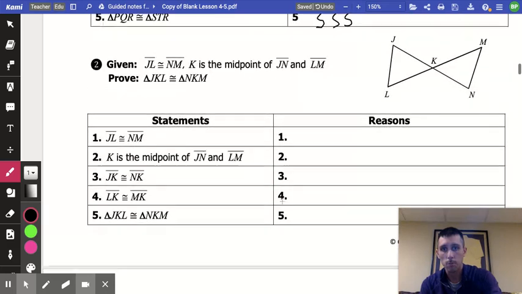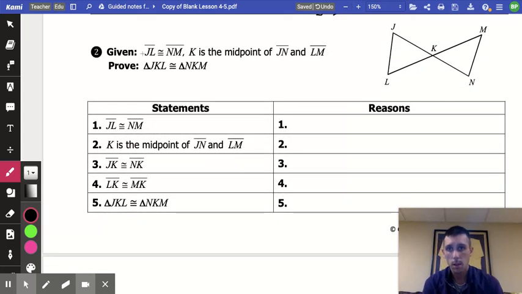Let's take a look at number 2. JL is congruent to NM. K is the midpoint of JN. So that means JK and KN are congruent. And it's also the midpoint of LM. So therefore LK and KM are congruent. So JL congruent to NM, that's given. K is the midpoint. Well, that was the next line that they told us, so that was given.